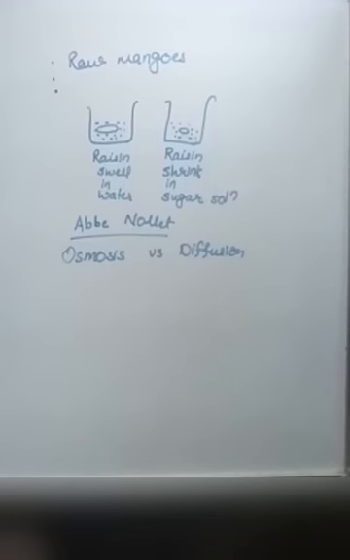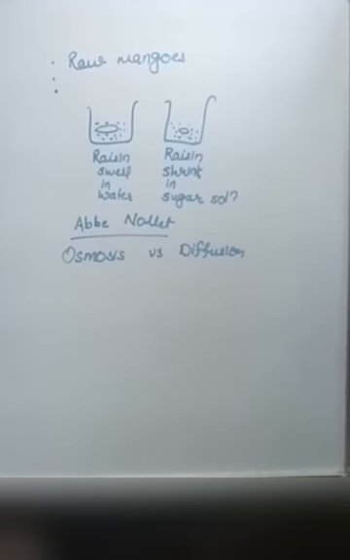It is due to diffusion. In diffusion, particles move from higher concentration to lower concentration. So we'll find that the fragrance of this incense stick, these particles of smoke, mix up in the air, and this intermixing of particles of two substances is called diffusion.